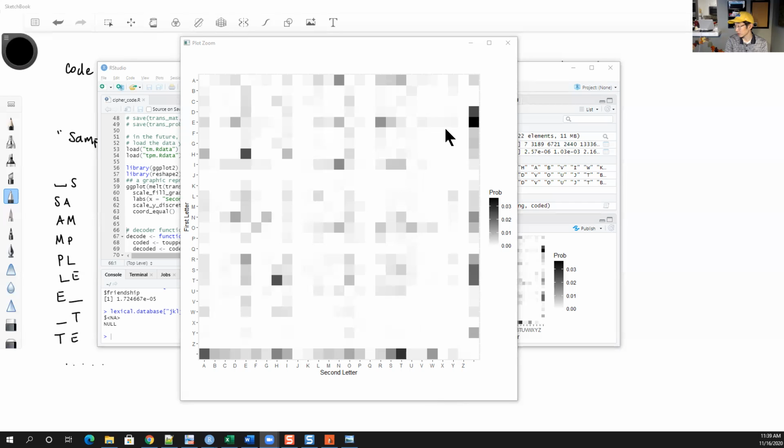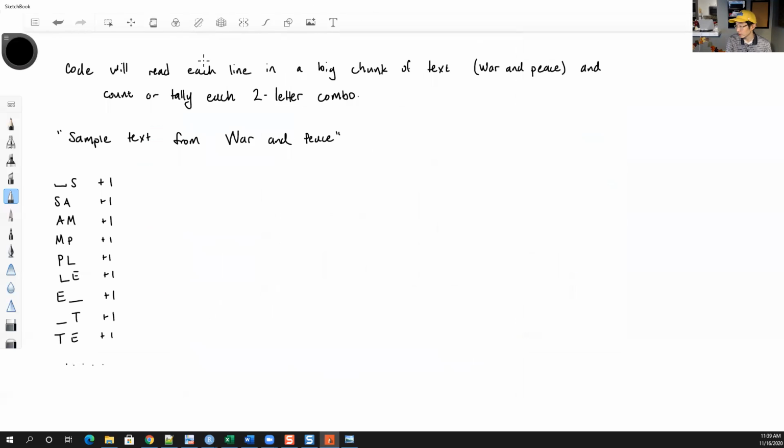So this is the resulting matrix that shows our two-letter combinations here, which let me put that in here.